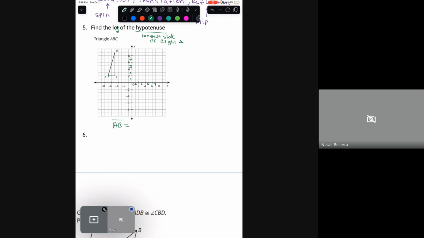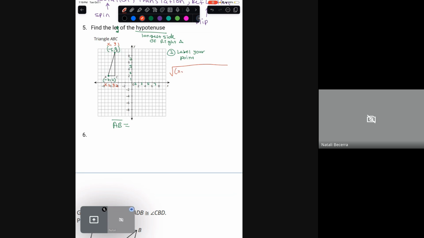So point A is negative 7 comma 2, and point B is negative 5 comma 9. So remember, the first thing to do is to label your points. Okay, so I'm going to label it x1, y1, and x2, y2. So now I'm going to go ahead and plug it into the distance formula.